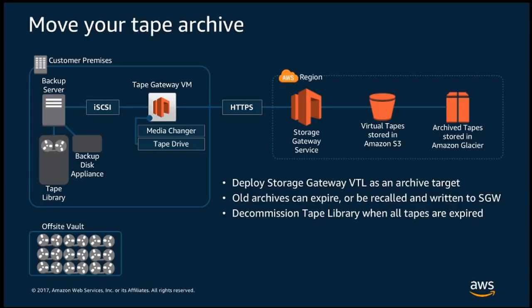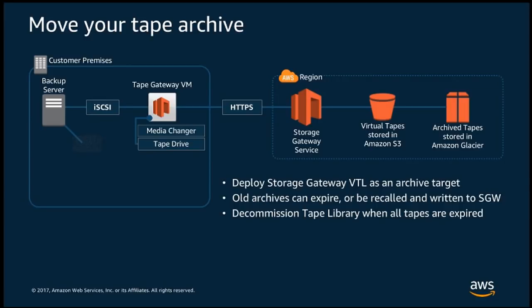Stop making archive copies or clone copies into your tape library. Keep your backup disk appliance that's probably doing deduplication, so you can back up there, and now you're making your archive copy into the tape gateway virtual machine, writing that into S3 and exporting it out to Glacier. And over time, your old tape archives are going to start to expire.